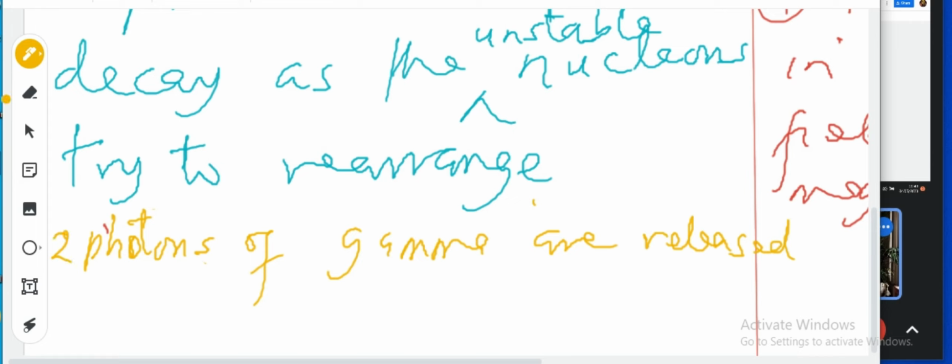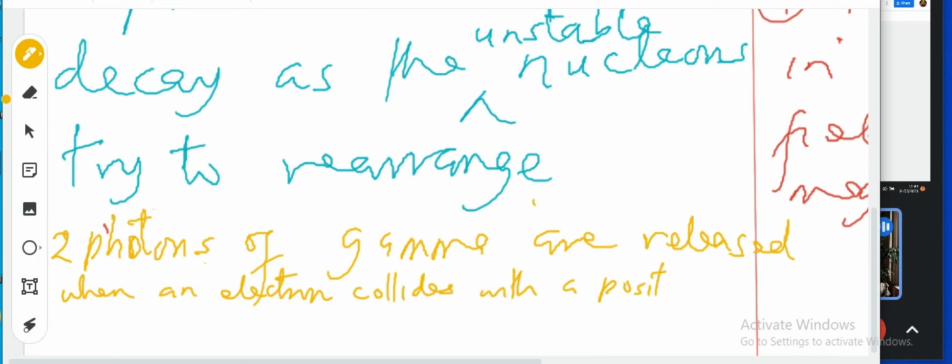2 photons of gamma are released when an electron collides with a positron. Remember, a positron is the antiparticle of an electron. It's an electron with an opposite charge.